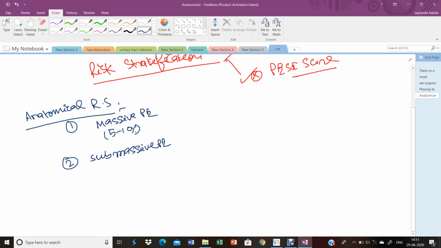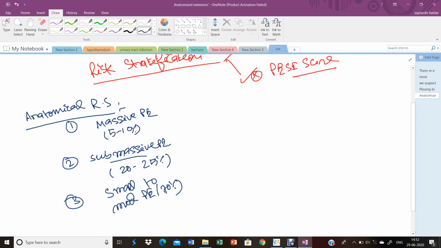So in anatomical stratification, we have three categories: massive pulmonary embolism, submassive pulmonary embolism, which we will see in 20 to 25% of cases, and third, small to moderate pulmonary embolism, which is 70%.